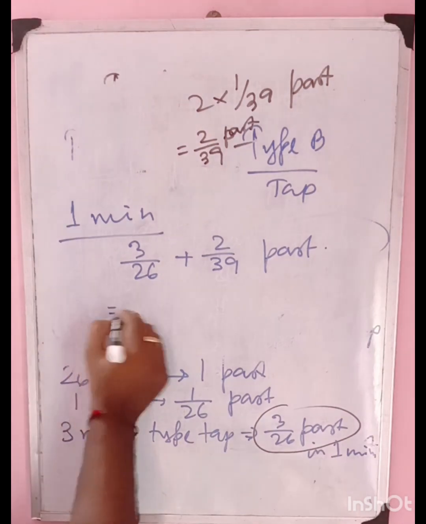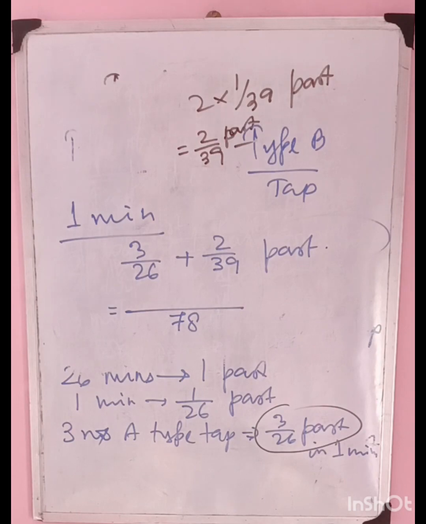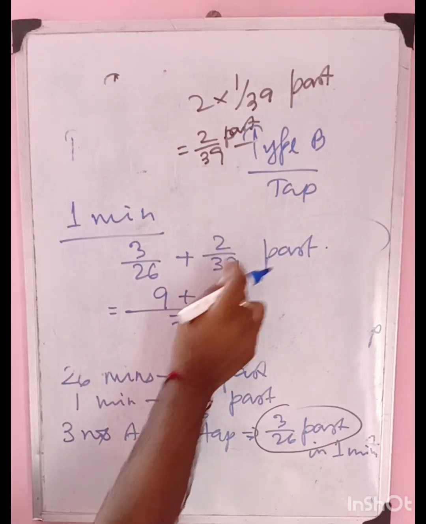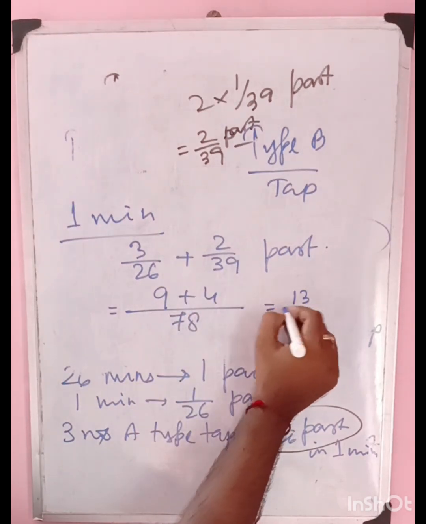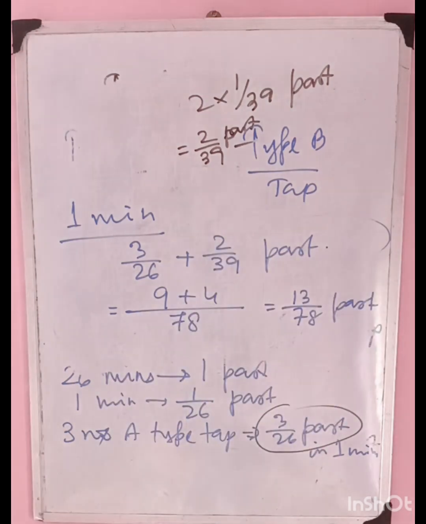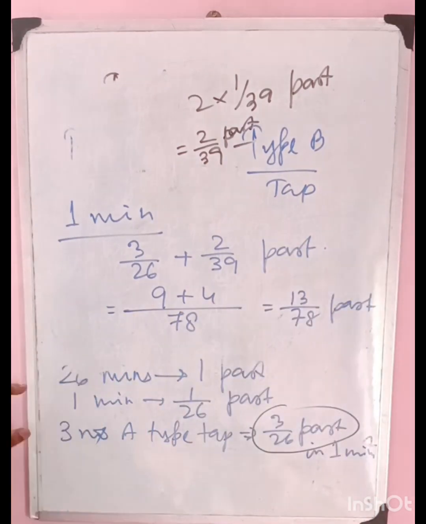So it is 78, LCM. 26 threes are 78, 39 twos are 78. 13 by 78 part. So what time will it take to fill up the tank?